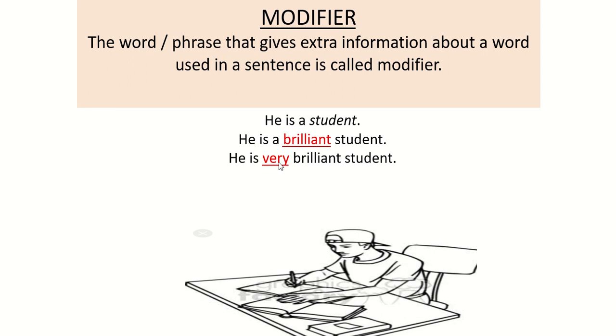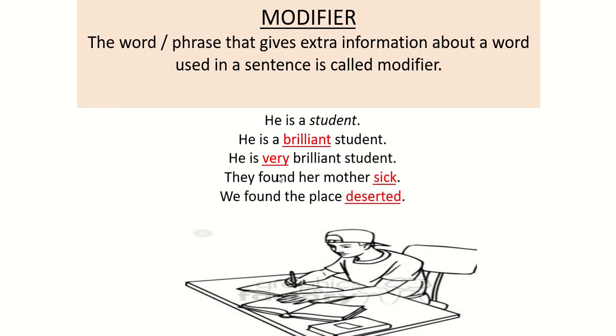So this word very gives more information about this noun student. So you see these words brilliant and very, these are not new to you. You know them. One is an adjective and another is an adverb. So these are called modifiers because these two words have given extra information about this noun student.